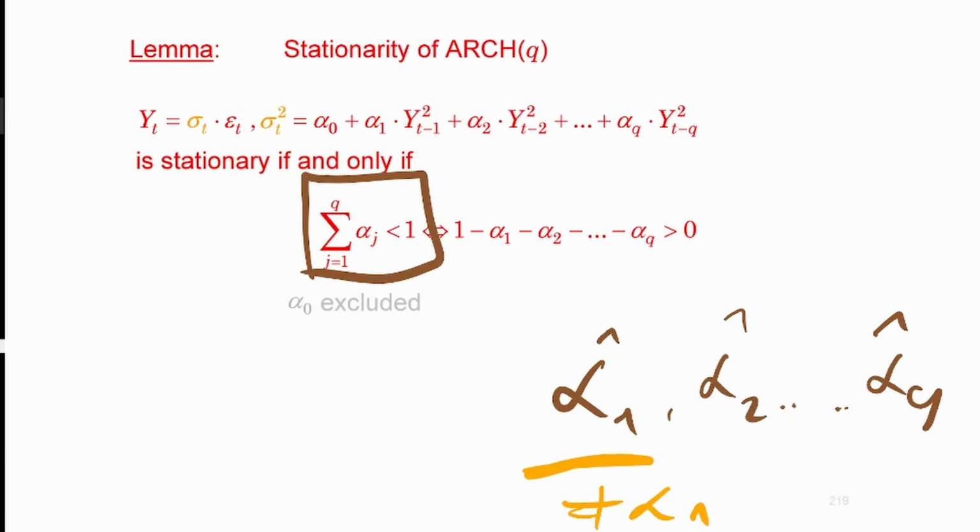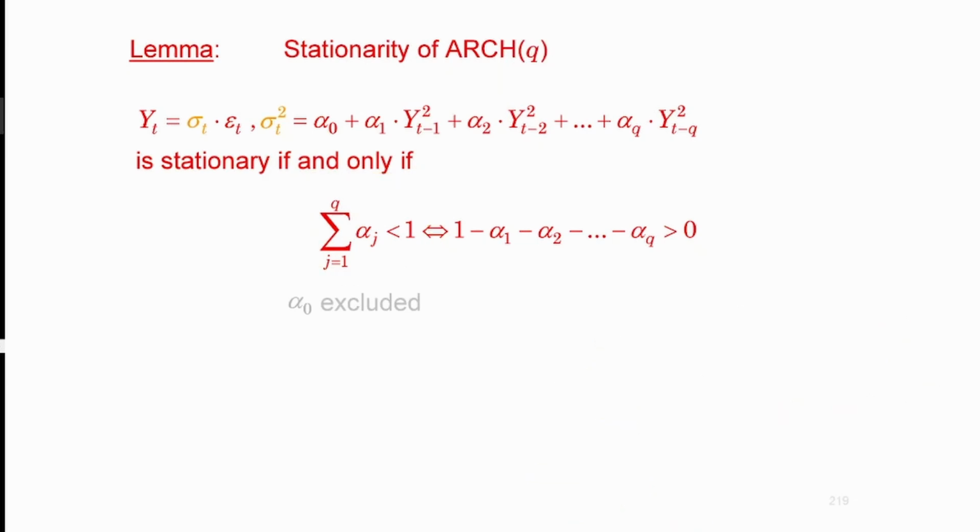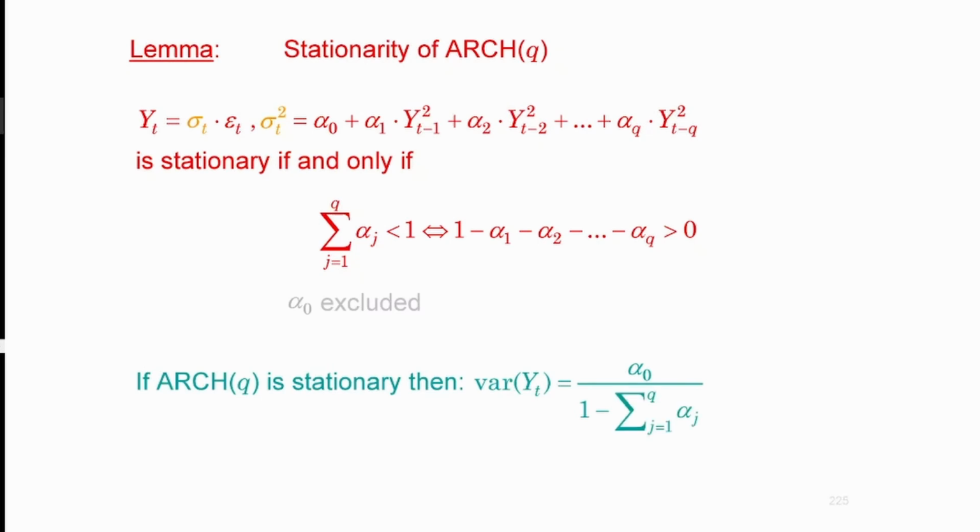Is that clear? All right. Of course, if it's stationary, and I wanted to add this, then its variance is going to look like this. And you might see why these things must be true. Number one, alpha 0 must be strictly greater than 0, because if it is 0, then there is no variance, and if there is no variance, then there is no process.